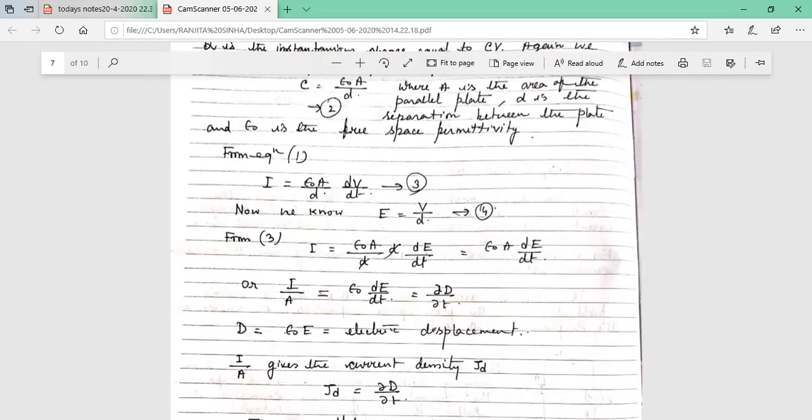Then Friday I will take the class from 12. Whatever I have discussed, just prepare all these things, including the idea of displacement current and Faraday's law of electromagnetic induction. Before Friday I will try to give you the notes on WhatsApp. Go through that, and again I will discuss all these things on Friday at 12 noon.